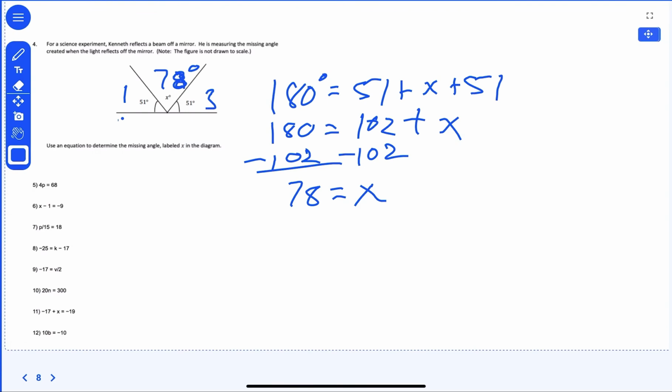What is the answer to number 5? 17? Well, it sounded like you said 16, 17. You weren't really for sure. Okay, 17. All right. Ryan, what's number 6? Everybody get negative 8? What about 7, Hannah? 270, okay.